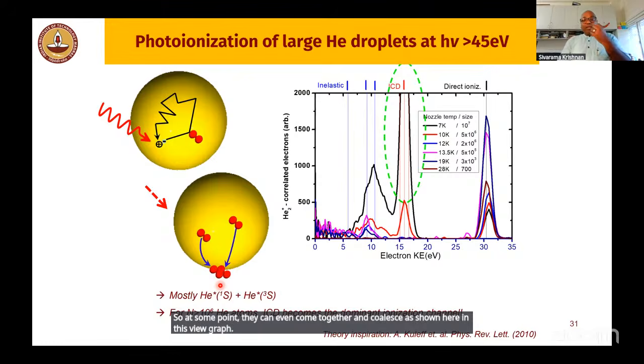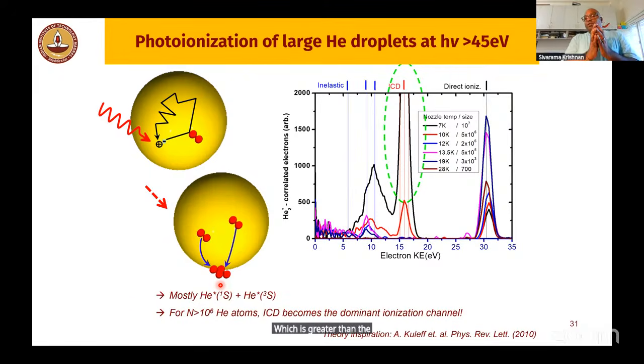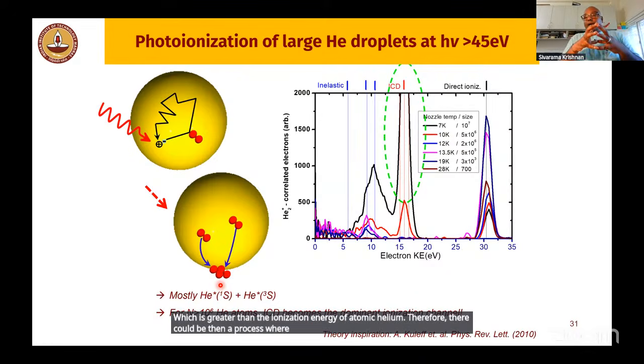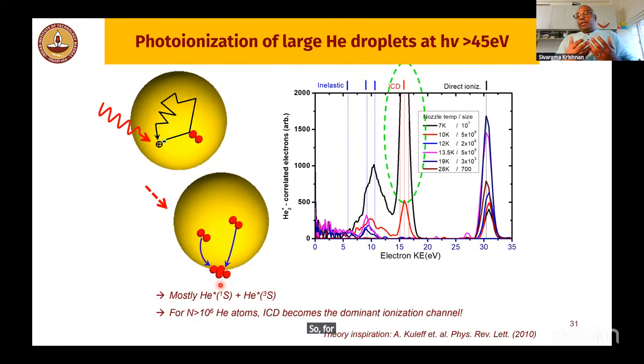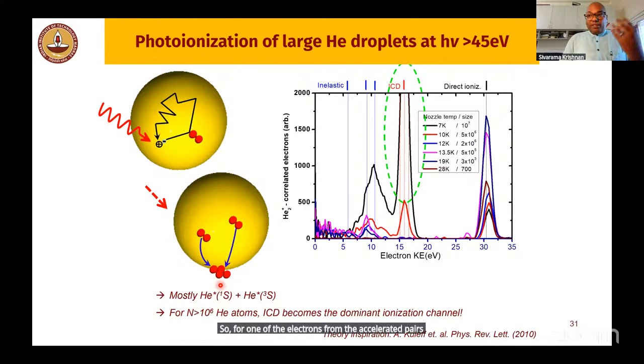So when they coalesce, we have two excited helium atoms. The excitation energy contained in each of these excited atoms is about 20 eV. So if you put these together, it is 40 eV, which is greater than the ionization energy of atomic helium. Therefore, there could be a process where this combined energy budget of 40 eV can be used up for one of the electrons from the excited pair to go out, which is what happens.